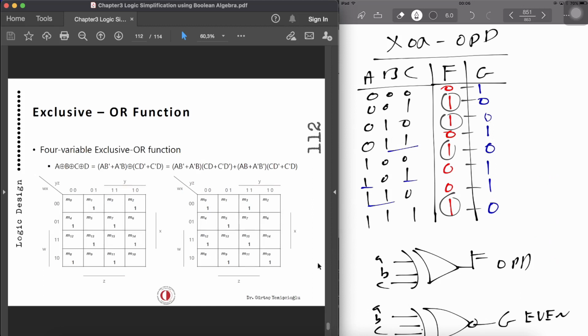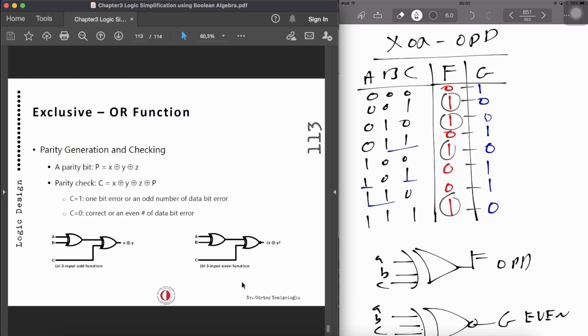So with 4 variables, still similar. All of the ones come to a point where they cannot be combined with anything else. You can have all the expressions written down. With 4 variables, there are 16 possible combinations which have to be mapped, and they cannot be combined with anything else.